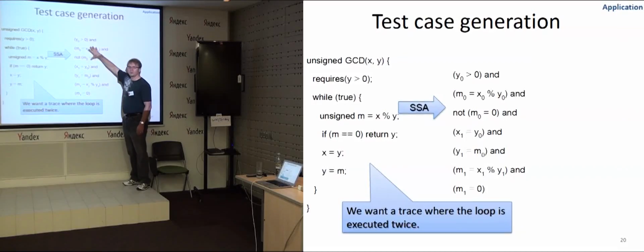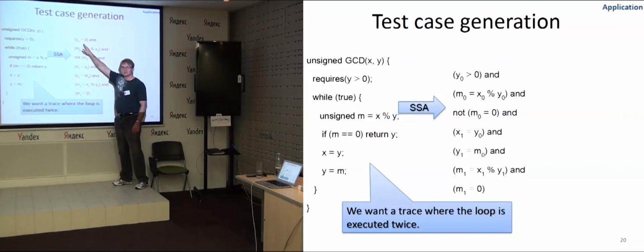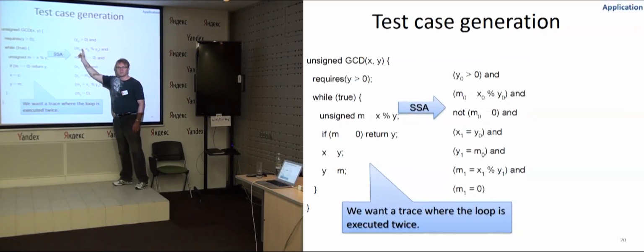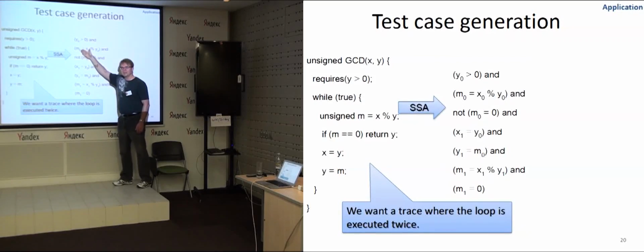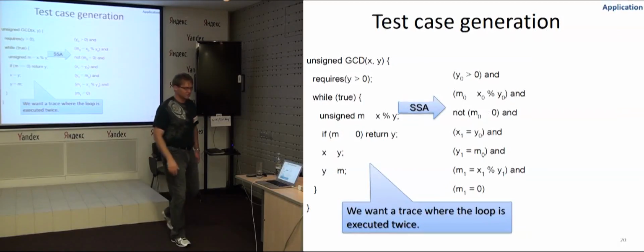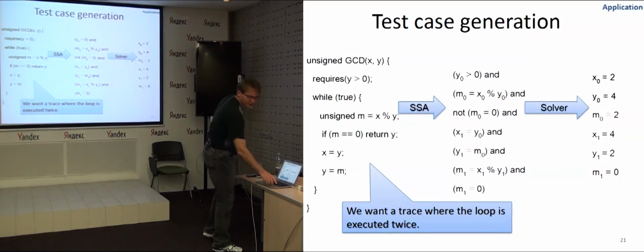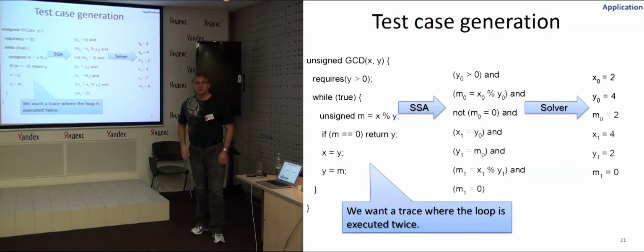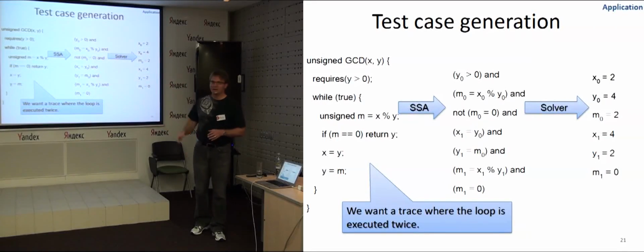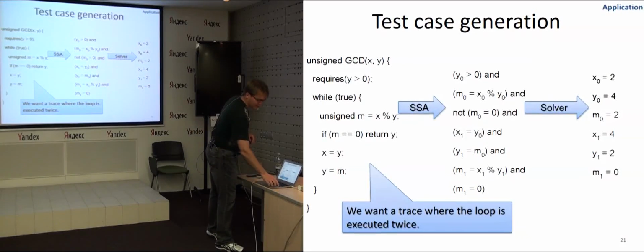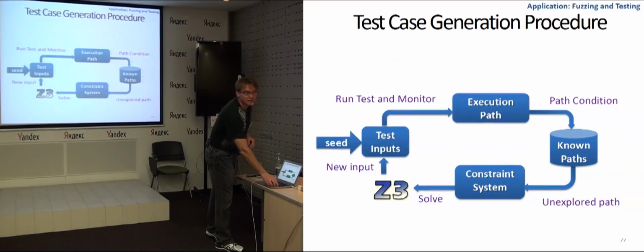And so if this logical formula has a solution, then the values of x0 and y0 in the solution will be an input that forces the execution to exercise the trace twice. Okay, so here's an example solution that does it. And this is where the solver is used. It takes as input the logical formula and then finds these values of x0 and y0. Questions, comments? Yes? No?